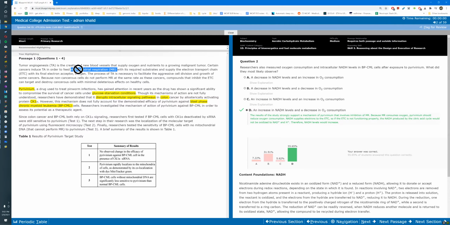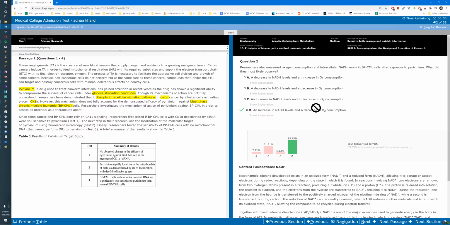So okay, when you break cellular respiration, essentially aerobic respiration in particular, what happens? Well, first of all, intracellular after exposure, what do they most likely observe? Oh, okay. So it broke everything down. So O2 consumption isn't going to happen. And NADH works to oxidize things. This is a reduced form of NAD+.